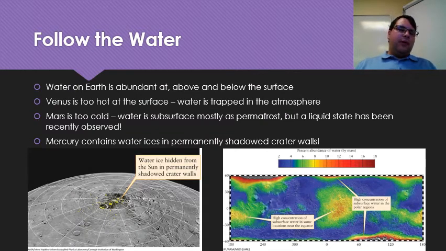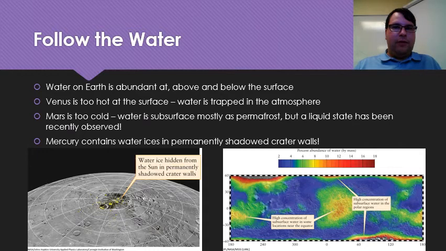So why are we talking about water? Well, here on Earth, water is abundant, and it's in all the different states. It's gas, it's a liquid, and it's also an ice. But if we look at the other terrestrial planets, we want to know, what is water like on those planets? Well, let's start with Mercury. Mercury, being closest to the sun, is actually not going to contain an abundance of water. Go figure. It has no atmosphere.